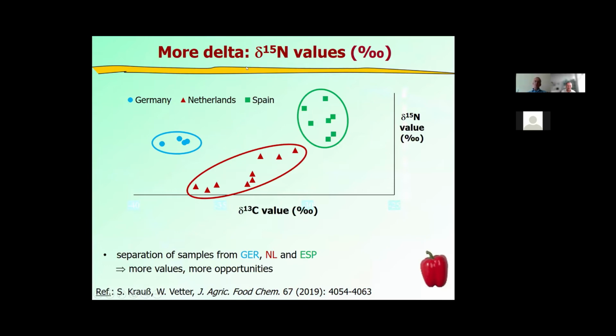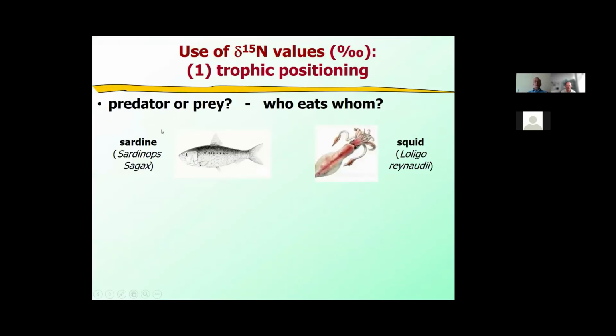And so we have to talk a little bit now about the nitrogen isotopes. First of all, the nitrogen isotopes are used for trophic positioning. So you can find out on which level an animal is consuming.